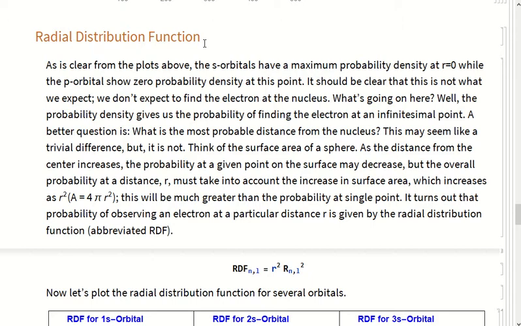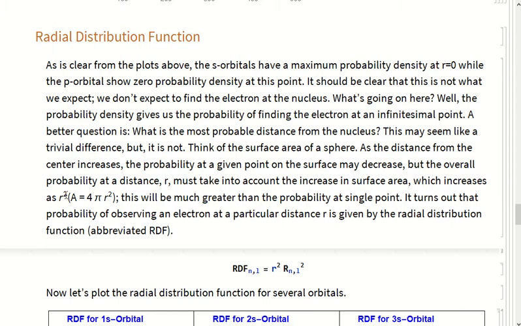It is, if you think about a sphere and the surface area of a sphere. As we increase r, the surface area increases. As the distance increases, it goes as r squared. The surface area of a sphere is 4 pi r squared.